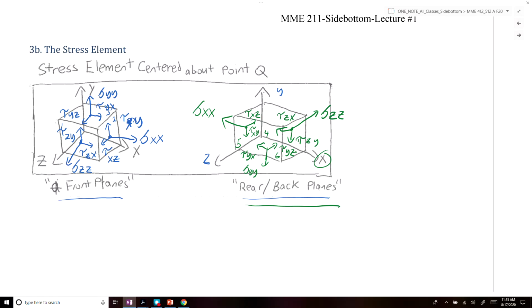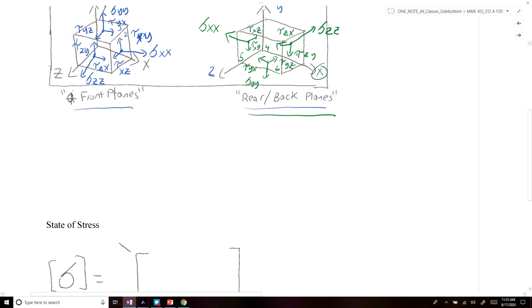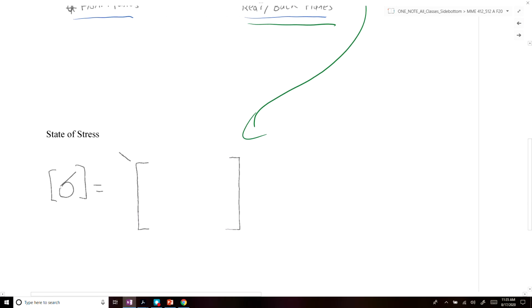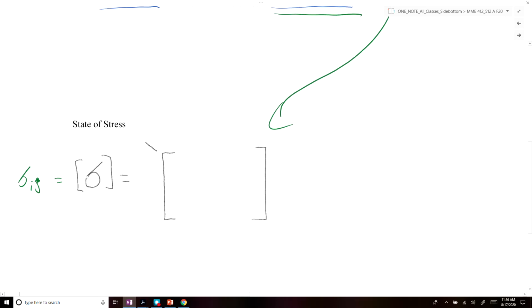If we look at all of these, we can take all of these different stresses and combine them into a single matrix, which we'll call our state of stress. This stress matrix, which sometimes might be referred to as sigma ij, is going to have 9 components.